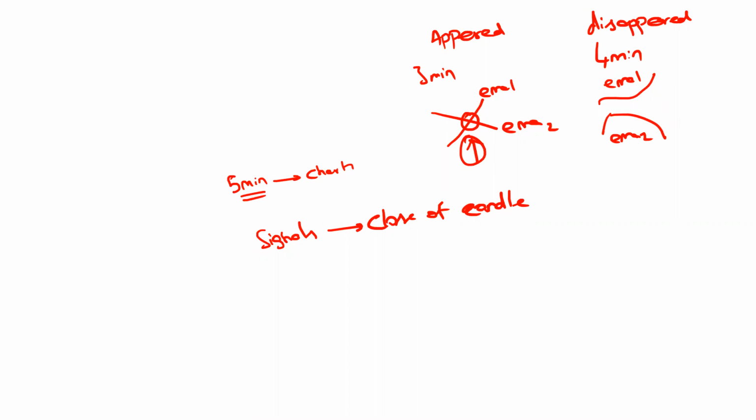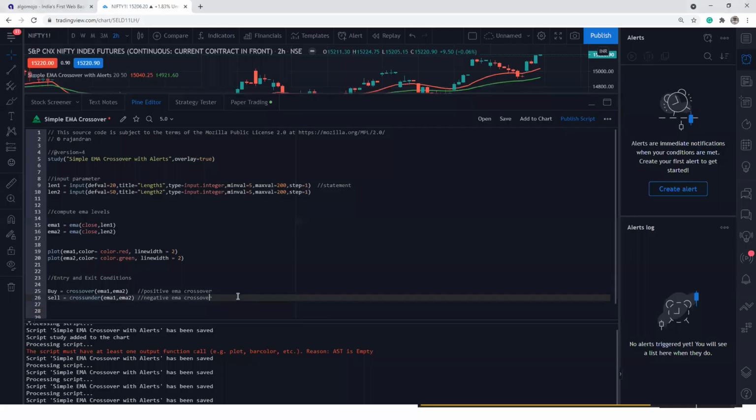For that, we have to introduce a delay in signals by 1 bar. We have to delay it so that we can convert the repainting indicator to a non-repainting one.